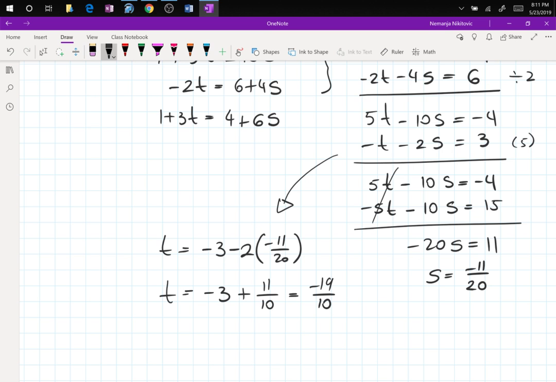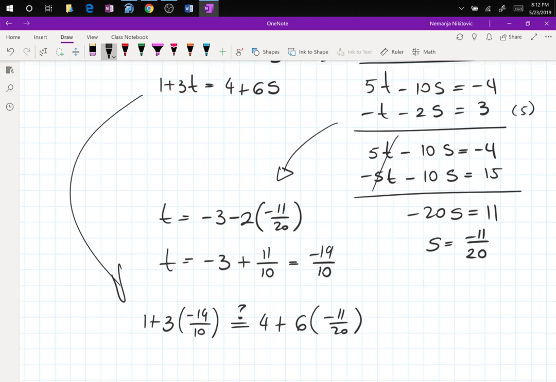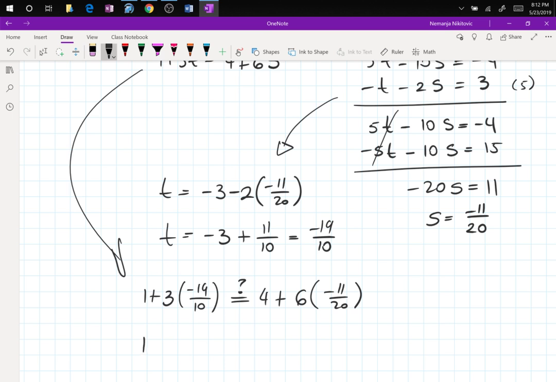Amazing. Now we're going to bring in that third equation. 1 plus 3 times t, and t is negative 19 over 10. And that should be the same as 4 plus 6 times negative 11 over 20. 1 plus 3 times that, that's negative 57 over 10, is equal to 4 plus, now this will cancel to 10, and this is still going to be 3, so negative 33 over 10.